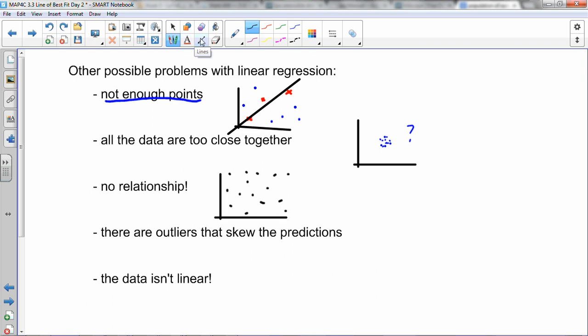There are outliers that skew the predictions. Well, let's pretend we had a nice line of best fit, something like this. Maybe this is hours of study, and this is your test mark.